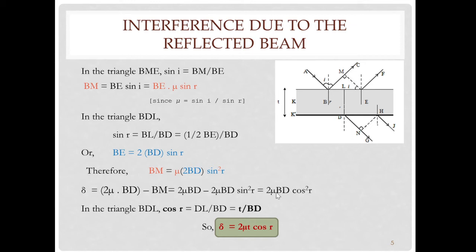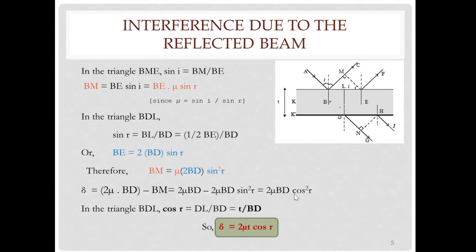This will become 2 mu BD into (1 minus sin square r), which will become cos square r. And again consider this triangle BDL. Cos r will become DL by BD. So what is DL? DL is the thickness of the film between the plane surfaces. So this will become t by BD.